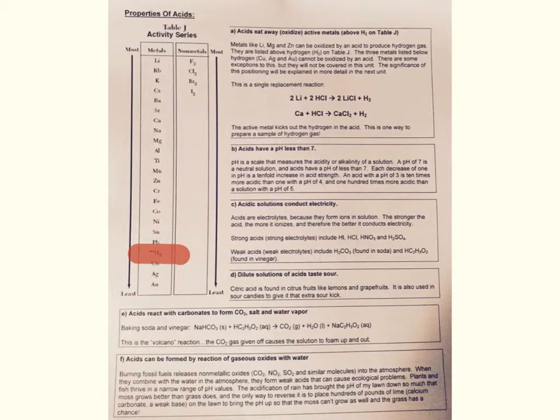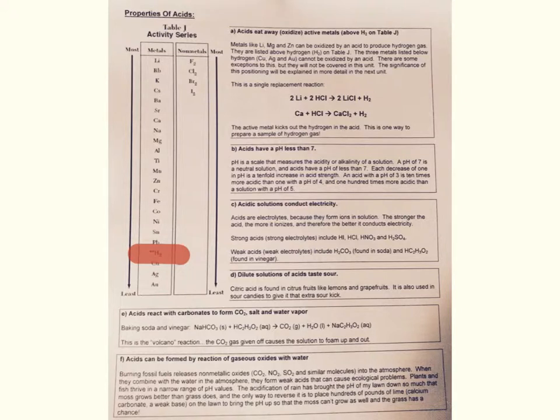As you can see in the example here, lithium reacts with hydrochloric acid and hydrogen gas is produced, and lithium chloride, an aqueous solution, in its place. The same with calcium and hydrochloric acid. But if we were to choose a metal lower than hydrogen, copper, silver, or gold, then the reaction would not take place.